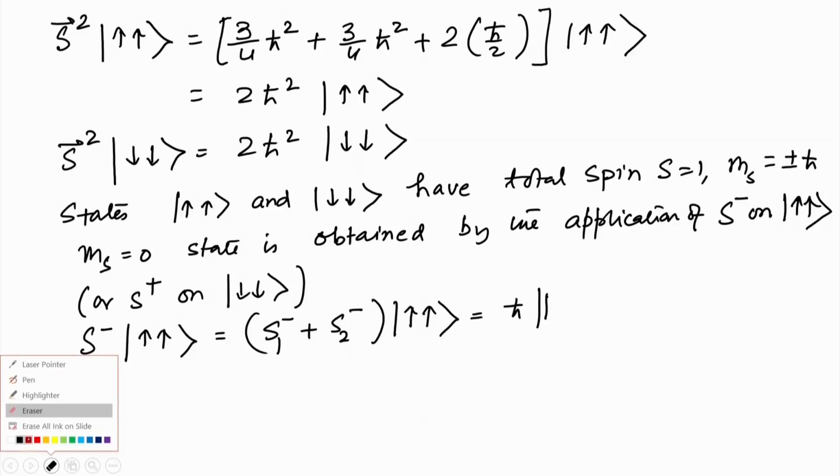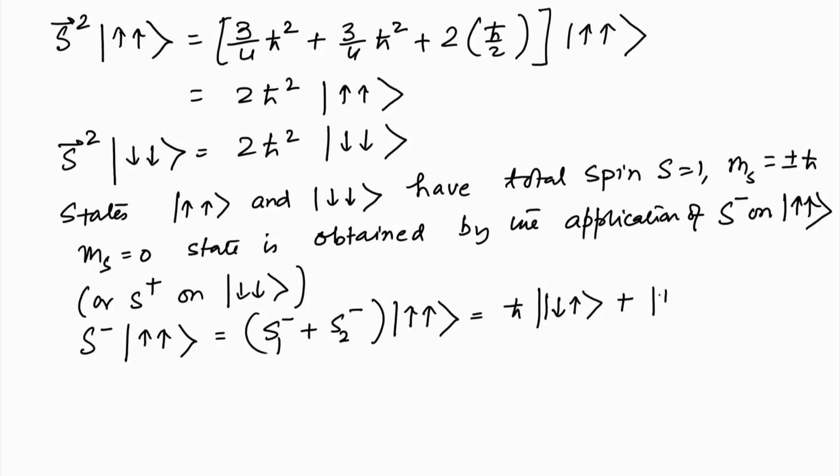The first one will lower, so it is a down up plus an up down. S2 will lower the other one, with an eigenvalue which is given by ħ.